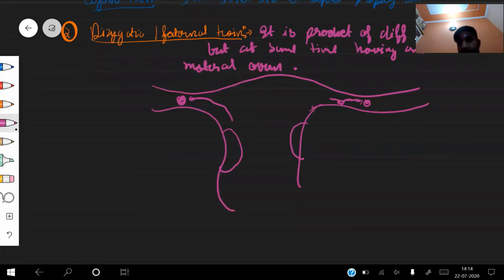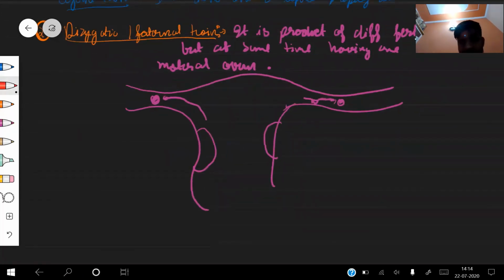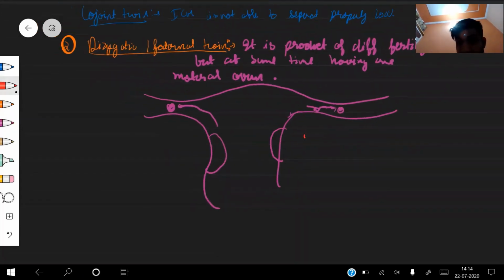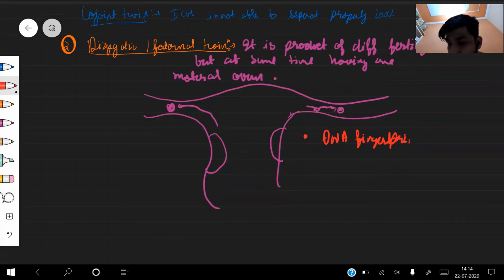So it is the dizygotic twin. DNA fingerprinting is different, and they may be of the same or different sex.